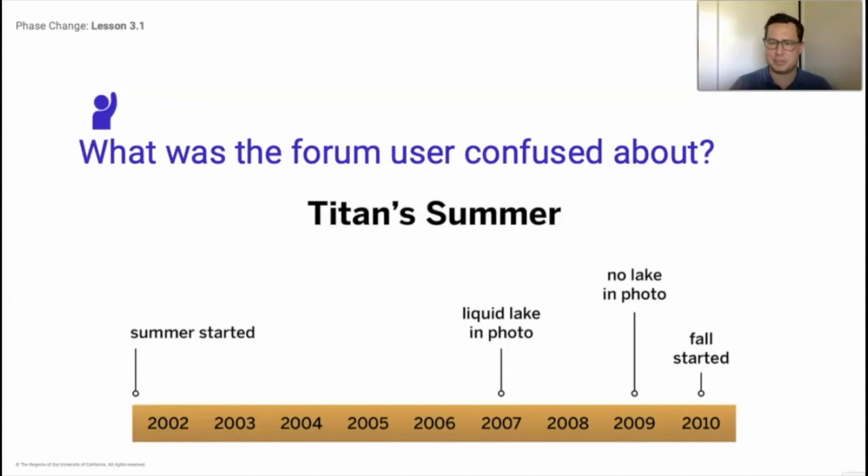Okay, so we're not really sure, but here's the deal. The forum user brings up a good point. According to the timeline, it had already been summer for 5 years. We know that the lake evaporated by 2009, but if energy from the sun was transferred into the lake starting in 2002, why did it take so long?